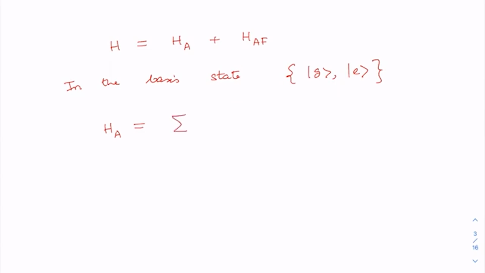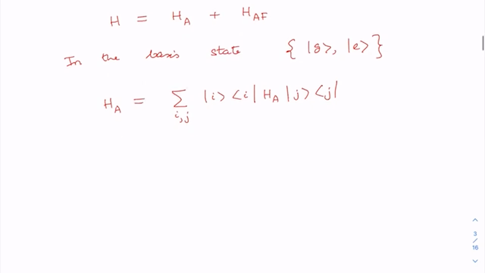We already know how we can express an operator in matrix form, so we can sandwich two identity operators this way. We already discussed it in the first lecture. So now I have two states. It's a two-state problem.